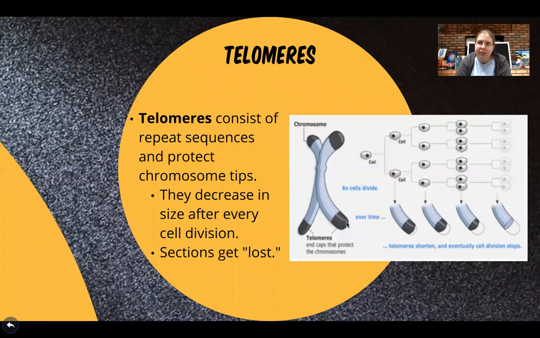Now, what happens during cell division, and specifically DNA replication, the polymerase can't get all the way to the end of the chromosome. It can only build so far. So each time it goes through DNA replication and division, you lose a small piece of the telomeres.